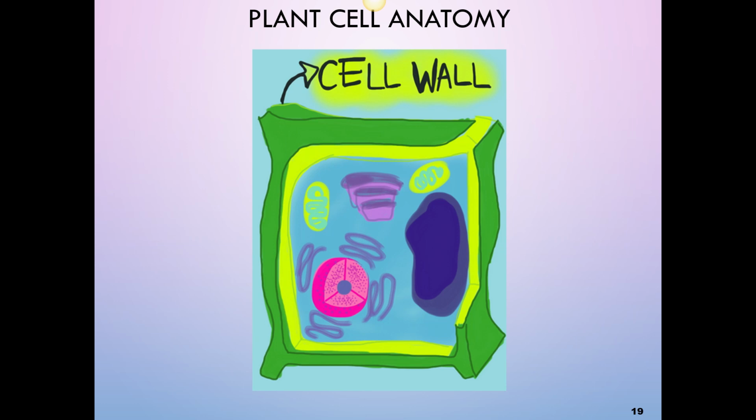And those rectangles to him looked like these things called cellula that the monks used to go into or something like that. So way back when, he made this association that, hey, they look like the cellula of monks. So he coined the term cell. He said, these are what cells are. So this cell wall is very important in history. It gives this shape to the plant cell, and it's also kind of where cells got its term from that shape.